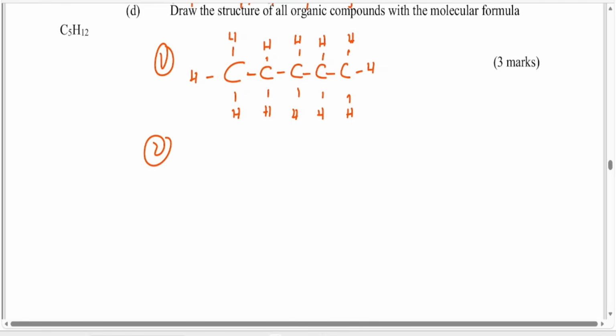The second one, we can have an isomer of this, whereby we can remove this carbon with the 3 hydrogens and bring it to carbon number 3, or to this carbon, we replace it with this hydrogen. So we are going to have 1, 2, 3, 4. So after cutting it, I bring it to this point here, and form a methyl.